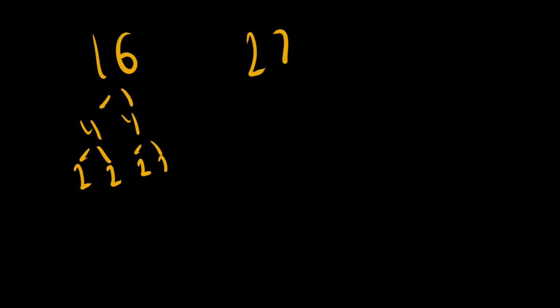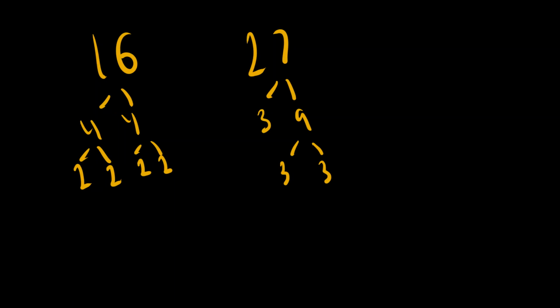Now, last example, comparing the factors and multiples of 16 and 27. So 2 times 2 times 2 times 2 is 16. 3 times 3 times 3 is equal to 27. Now there's a problem.